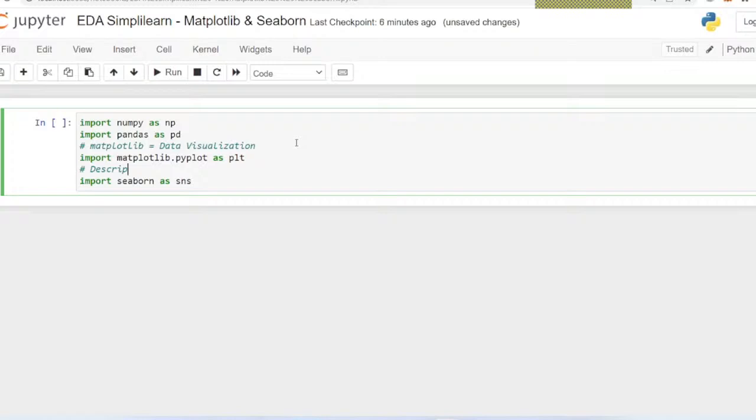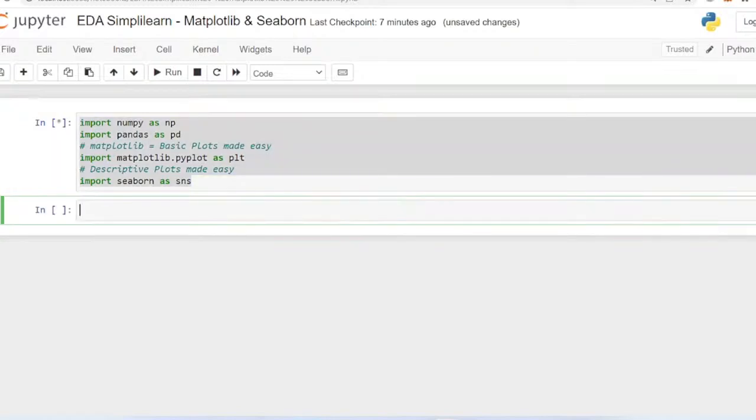Descriptive plots made easy with the help of seaborn. Basic plots, meaning the line plot, histogram, all those different types of plots, made easy here. That's the difference between these two important packages.